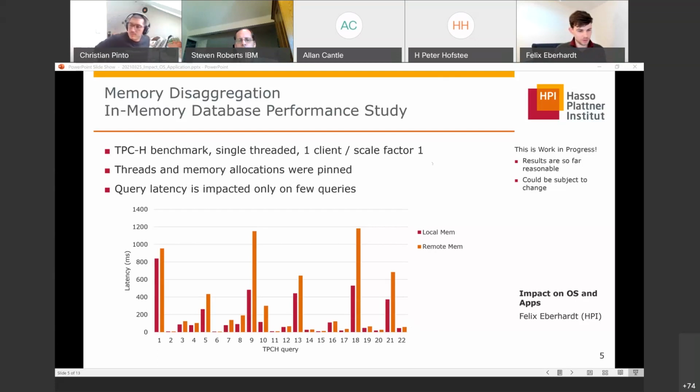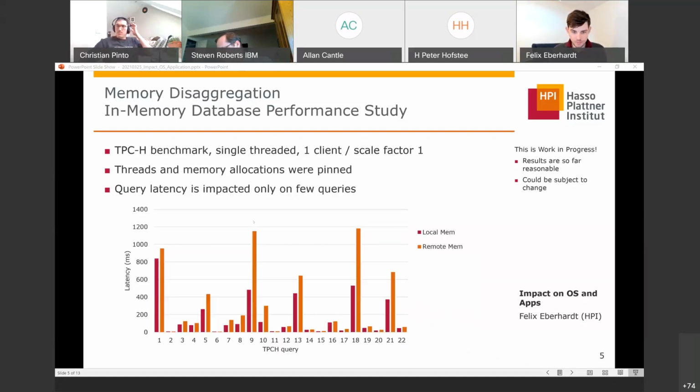Now if we look at the graph below, where we have the query latency for the 22 different TPC-H benchmark queries, we see that some queries are heavily affected, others you don't see any difference at all, right? Overall, I would say it's rather surprising that the results are actually so good, right? So you nearly have all the queries in under a second. So this is quite good.